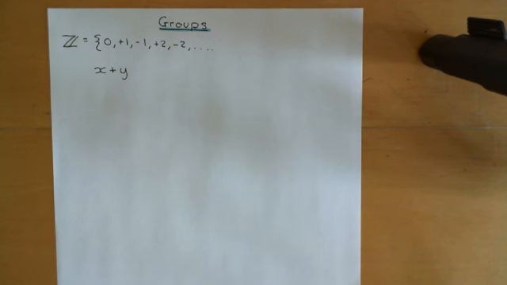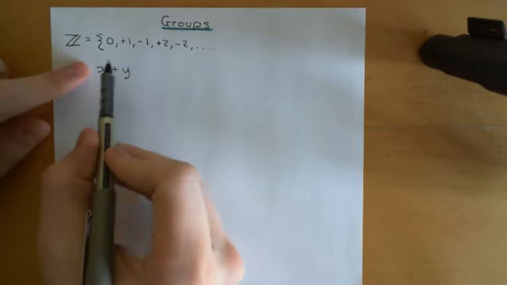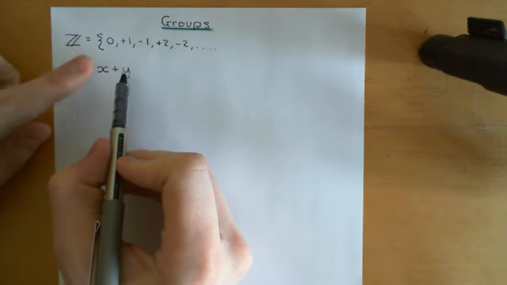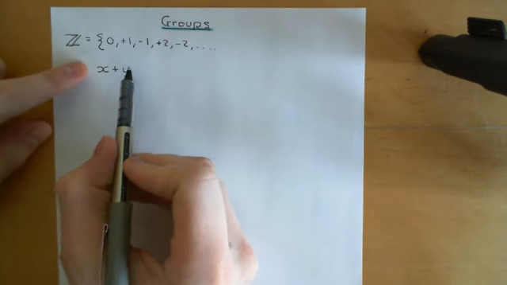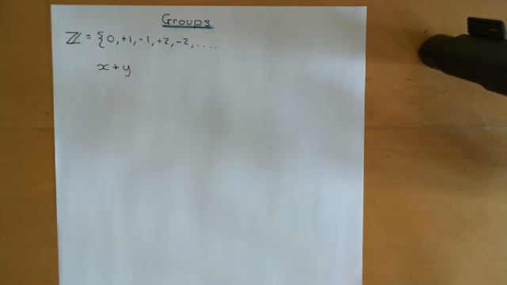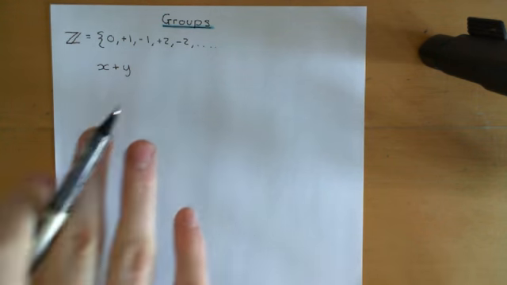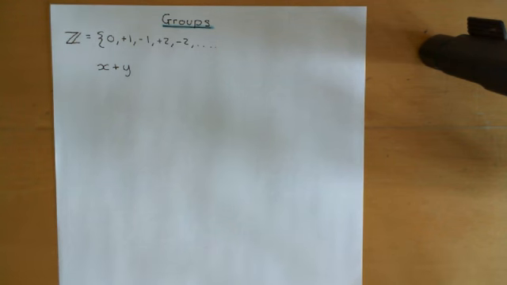Basically, on this set, you have a way of combining any two elements together. You can put any one of these elements in position x here, and you can put any one of these elements in position y, and then you can combine those two elements, or those two symbols, together to get another symbol within the set. That's what is incredible about the integers.